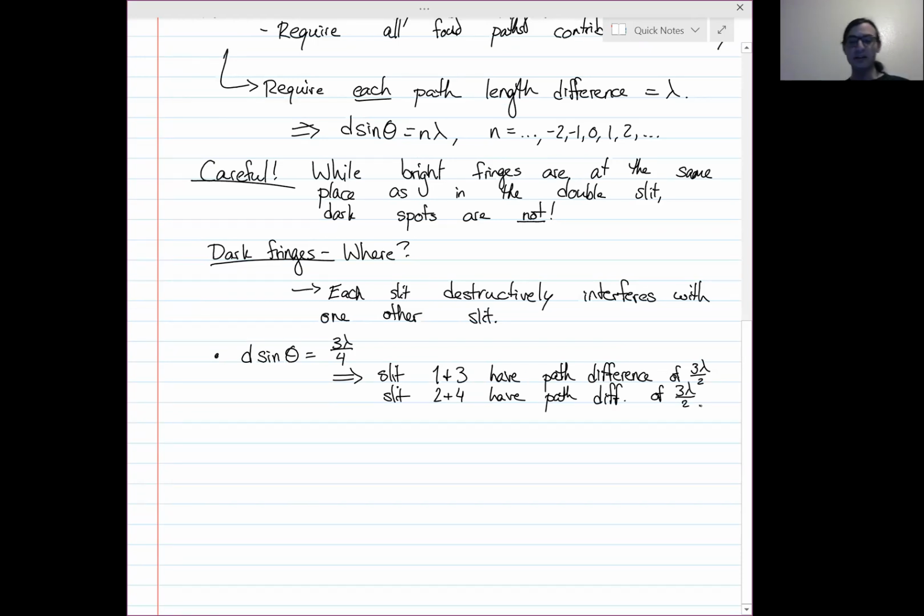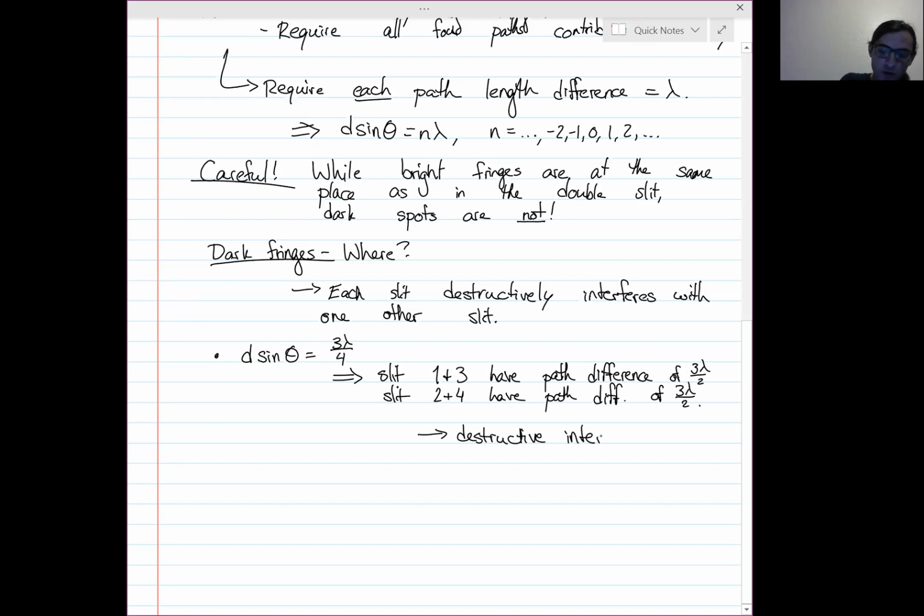And because we know that destructive interference occurs when you have a path length difference between two sources of some odd multiple of half a wavelength, like lambda over 2, 3 lambda over 2, 5 lambda over 2, this means that we would have destructive interference.